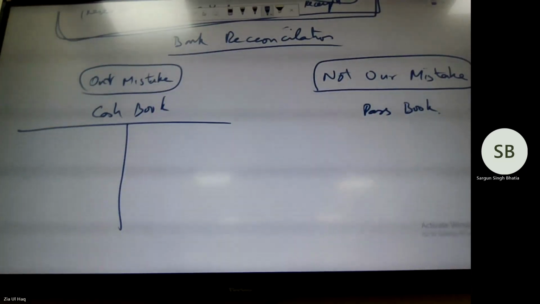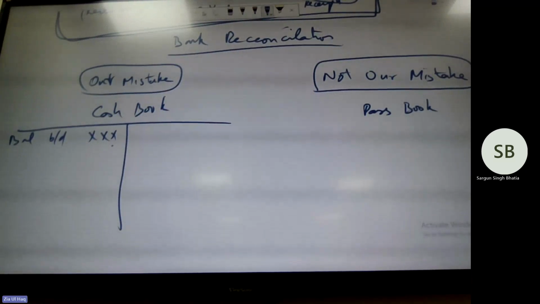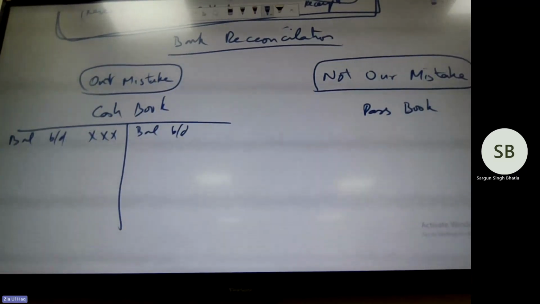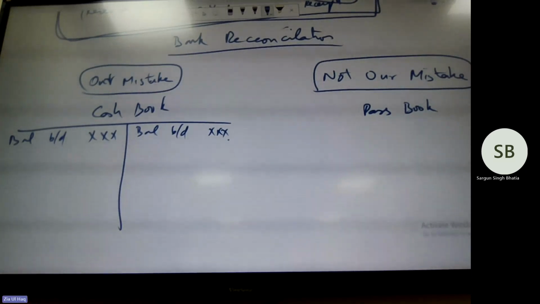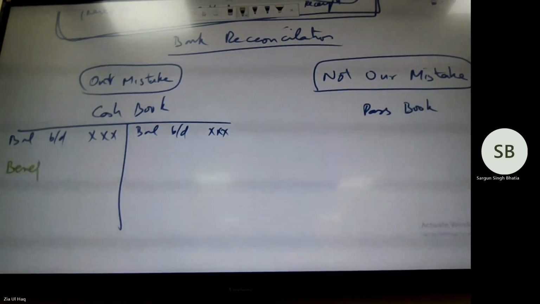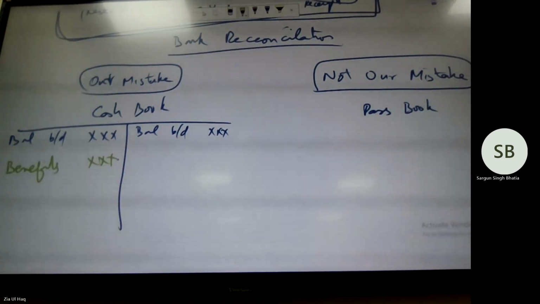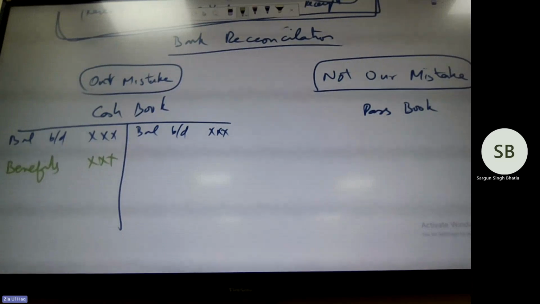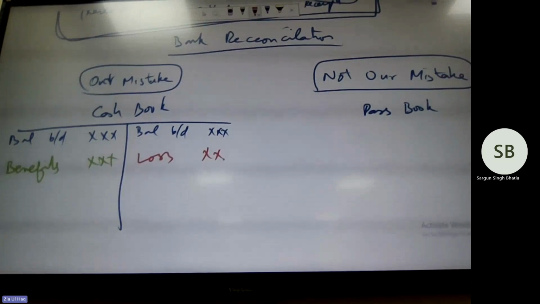The cash book having a debit balance as brought down, we will record here. If the cash book is having a credit balance, we will record the balance brought down on this side. But normally the cash book balance is debit. The benefits we will record on the debit side of the cash book, and the losses we will record on the credit side of the cash book.